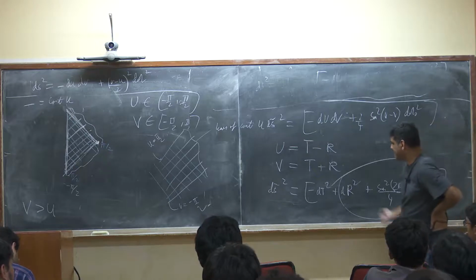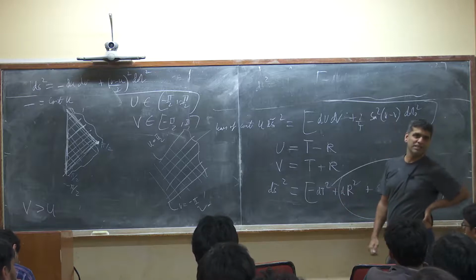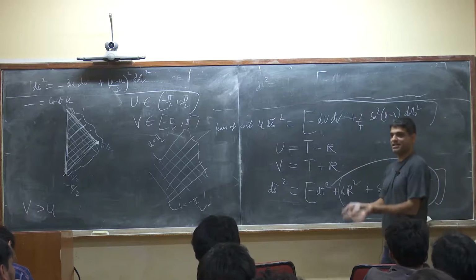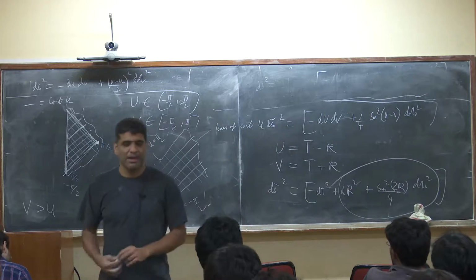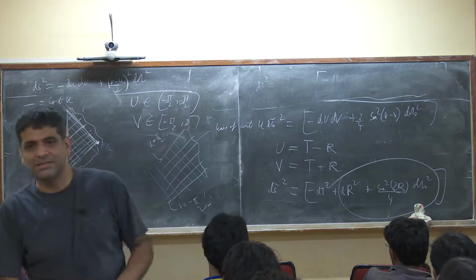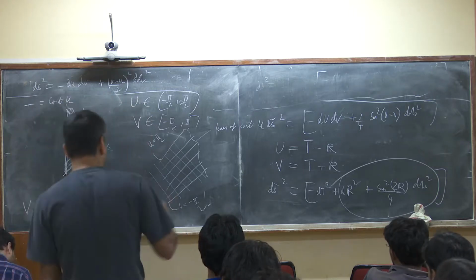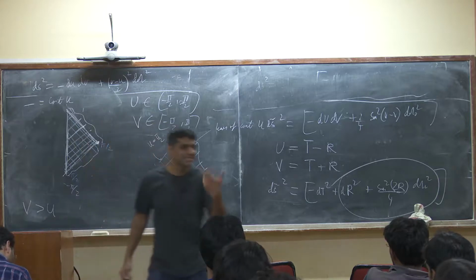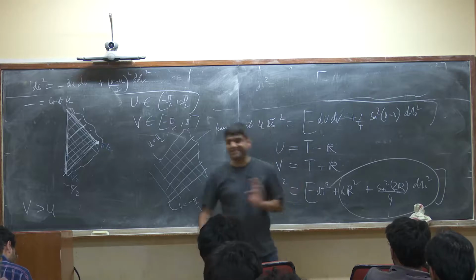This metric, by the way, is sometimes called the Einstein static universe. It's a universe in which you've got a three-sphere in space times time, and it's called the Einstein static universe because Einstein suggested at some point that the equations of cosmology might have such a solution. Something we will discuss. So the topology is time cross S3.